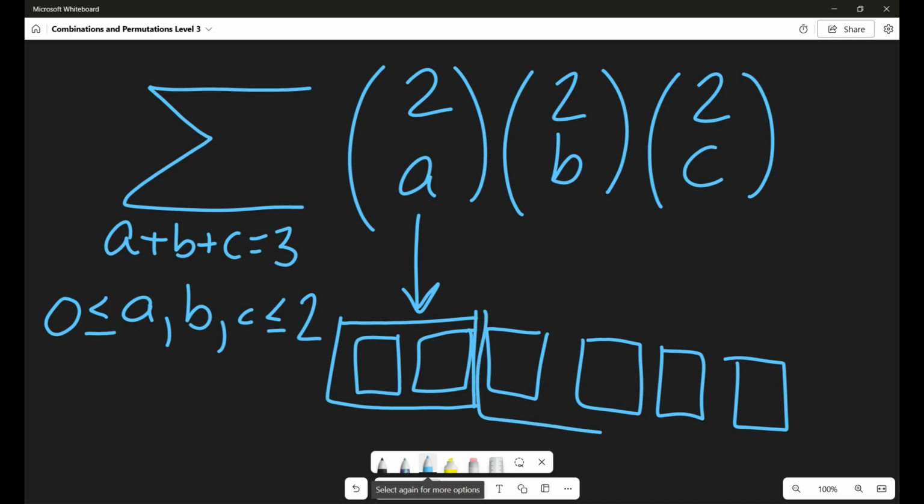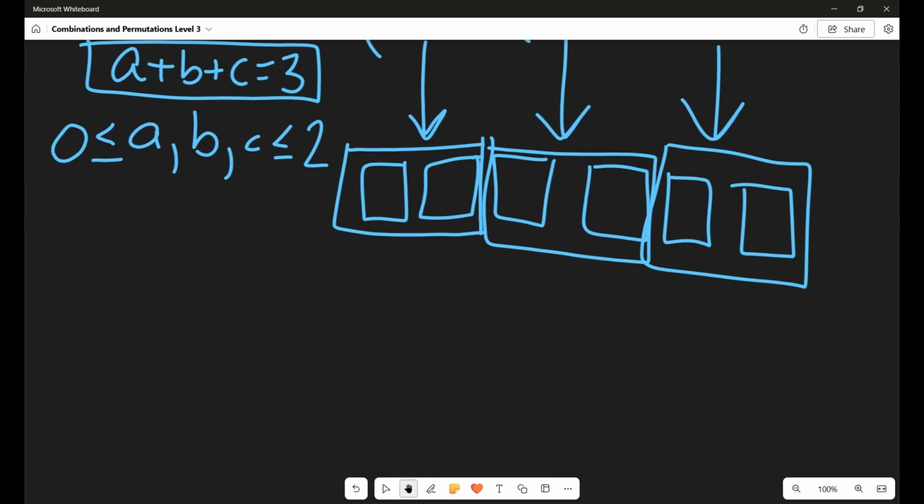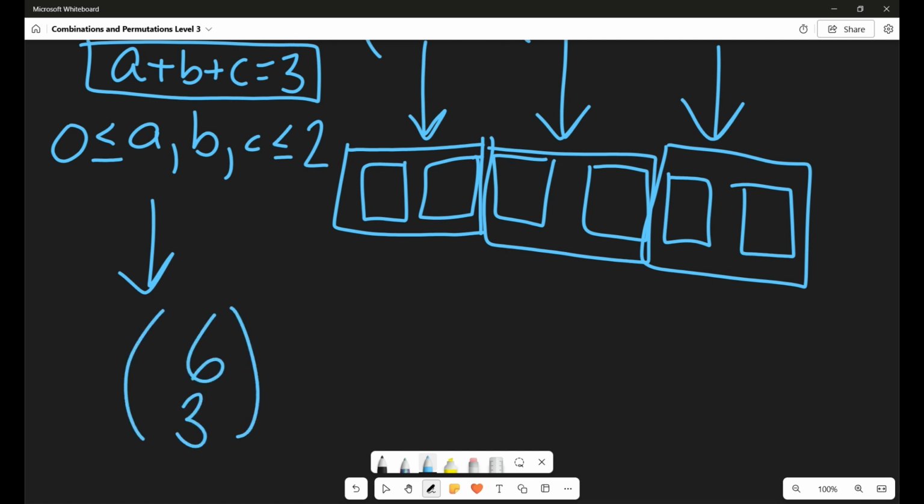Similarly, 2 choose B will choose B from our next 2 objects, and 2 choose C will choose C from our next 2 objects. So in total, since we know that A plus B plus C is equal to 3, we're choosing 3 out of 6 objects. And every way that we choose 3 out of 6 objects is being counted once and only once. So our sum will just come out to 6 choose 3, the total number of ways to choose 3 from 6, and that comes out to 20.